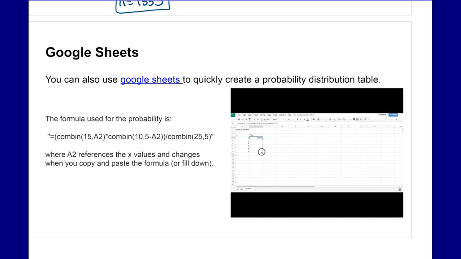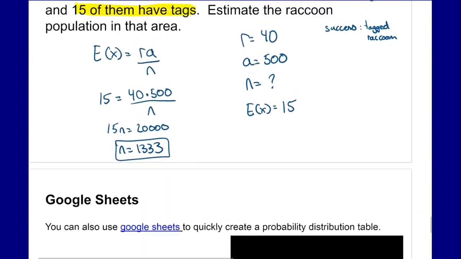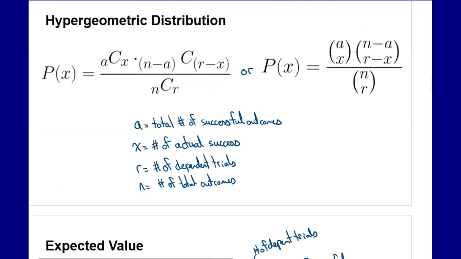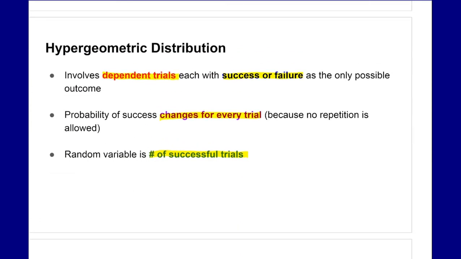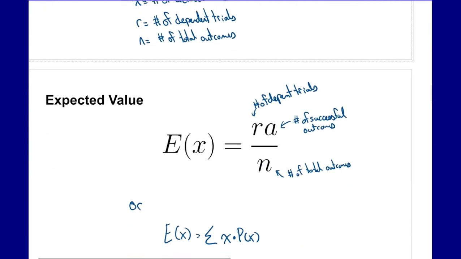If you do need to do this in a table, or need to do some sort of data analysis where you have to create this distribution, you can use Google Sheets to enter a formula and drag and drop to fill in the rest of the table. But we're not too concerned about that. The main thing right now is understanding hypergeometric distributions, the characteristics, the formula, and how to calculate the expected value.